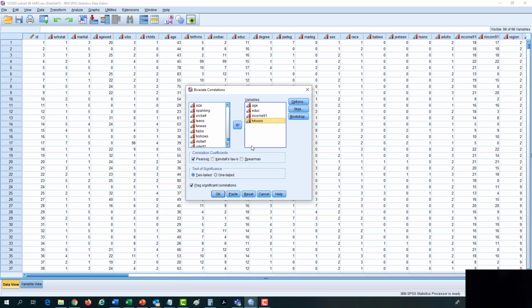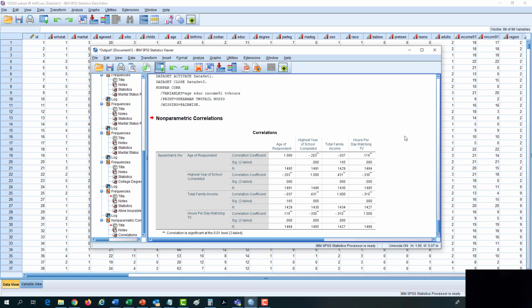Okay? Now, since income 91 is ordinal, I'm going to unclick Pearson and click Spearman. And then I'm done. You don't have to worry about two-tailed or one-tailed. Leave this clicked. Once you move the variables in and select the appropriate coefficient, just click OK.